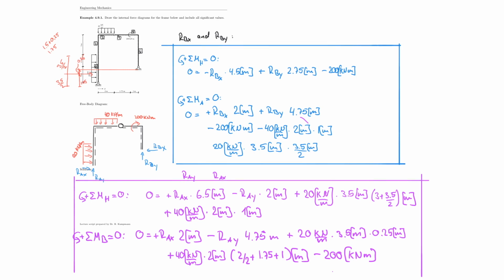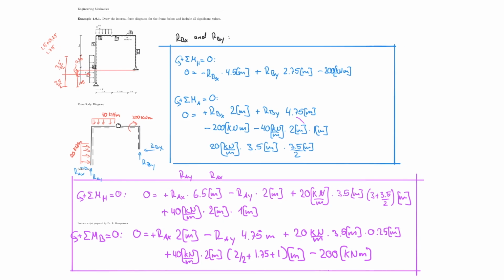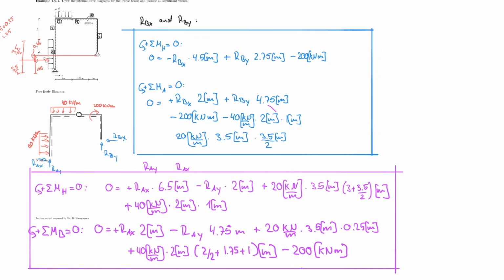And as you can see, those equations are a little bit more complicated, but it's not magical or anything more difficult to solve. Both of those will lead to results. However, we need numerical results for these support reactions to draw our internal forces. I recommend that you start to solve these equations with two unknowns just to get used to it and to be ready for the exam.